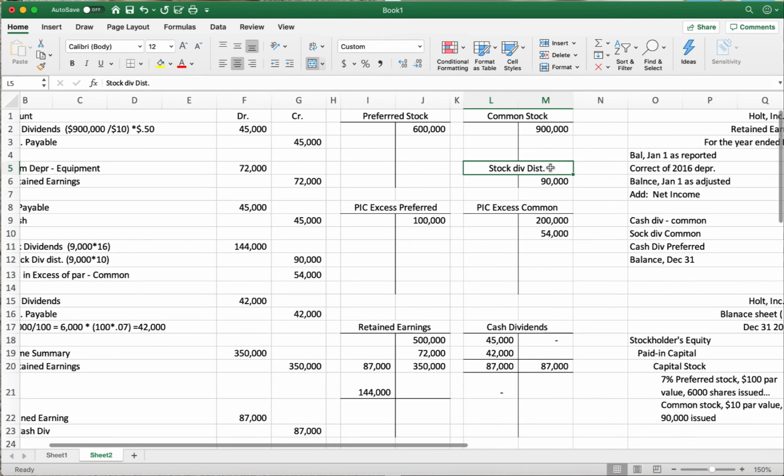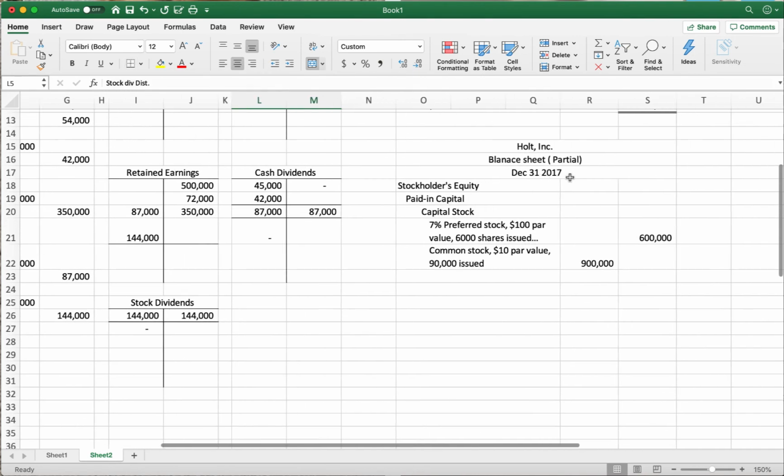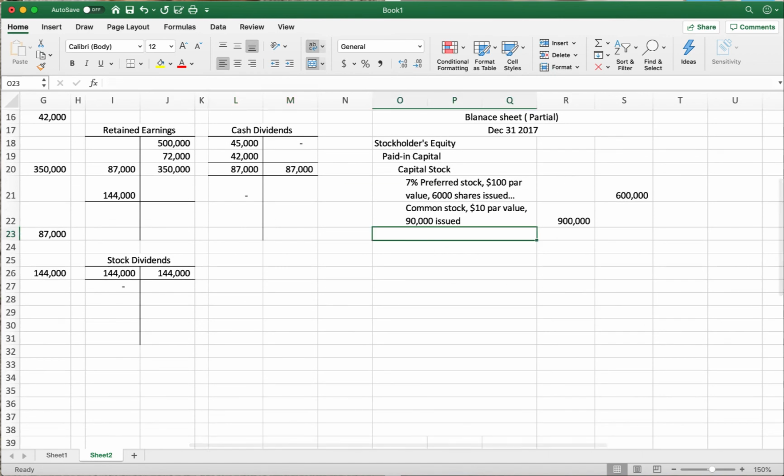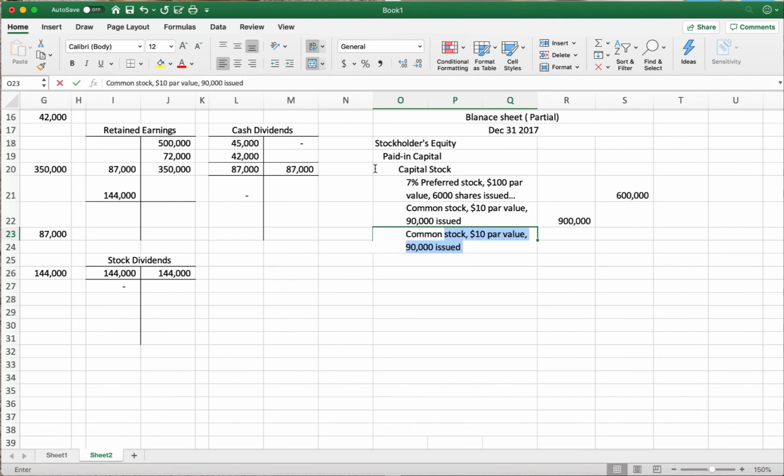So we created this new account. So let's go back to our balance sheet, right? Within our balance sheet, we're going to notate this. Bear with me. I'm going to indent 4 times, and I'm going to say we have common stock dividends distributable.